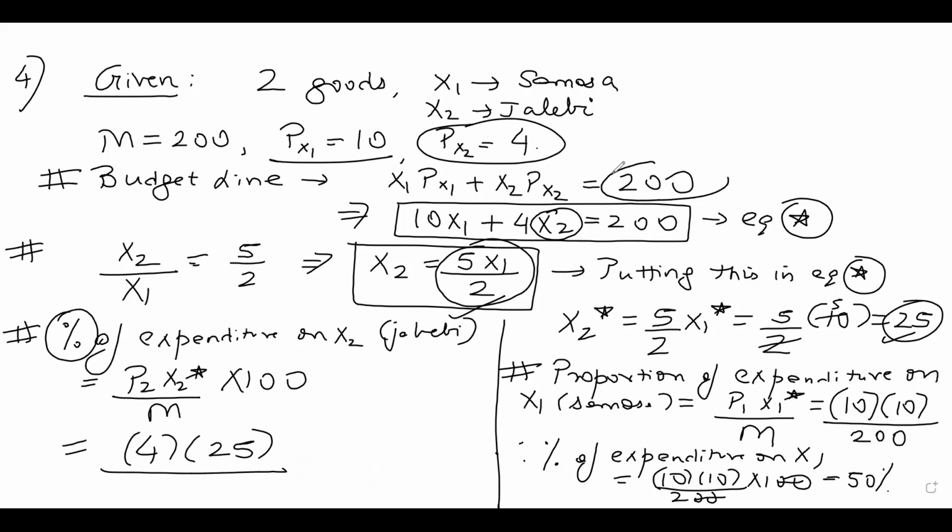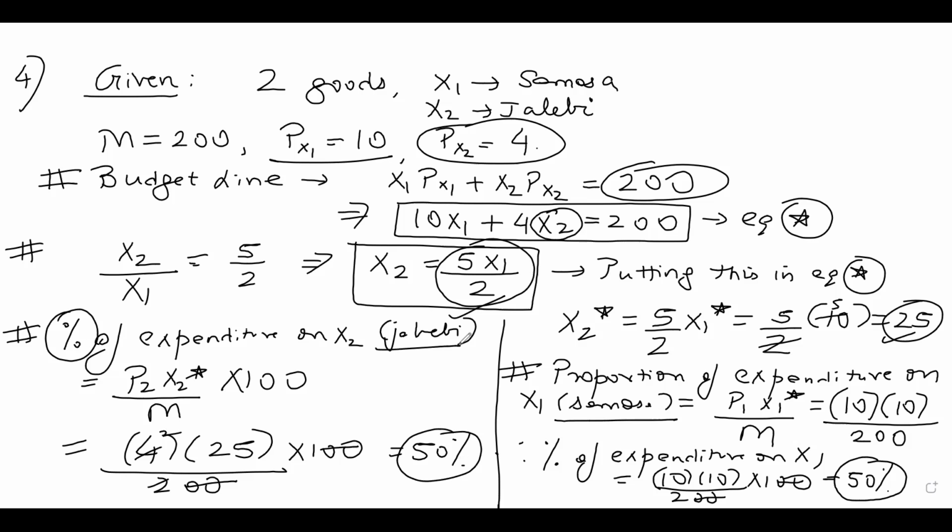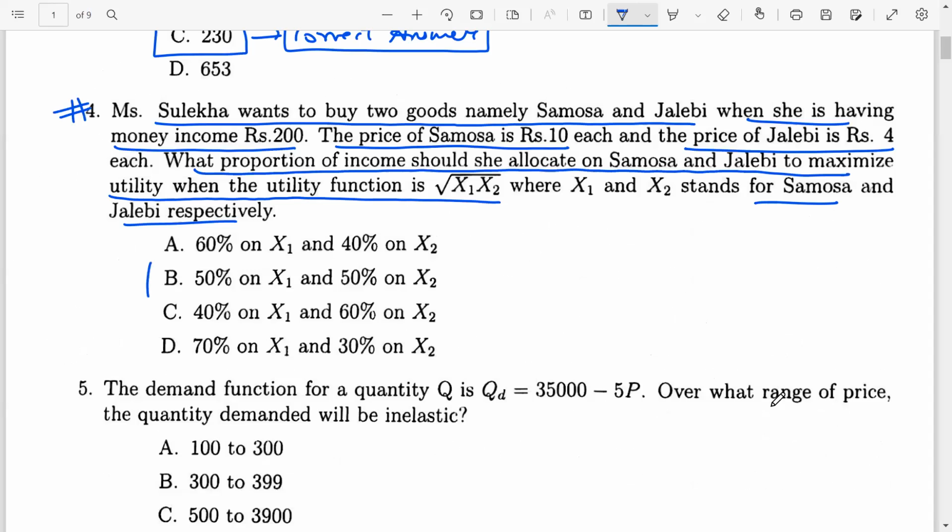Income of the consumer is 200. So again, this comes out as 50%. That means the consumer is spending 50% of its income on samosa and 50% of its income on jalebi. So I can come back to the question paper and we can mark the correct answer. 50% is on X1 and 50% is on X2. This is the correct answer for this question.